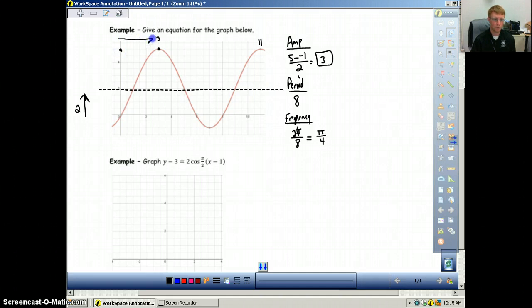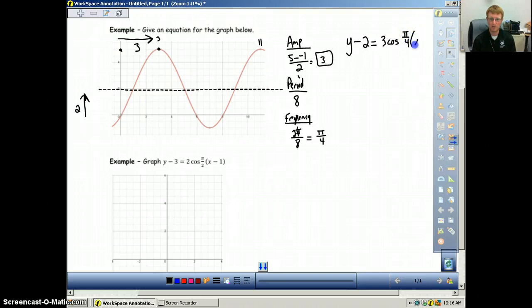We shifted to the right 3 units. So if we're going to do a cosine function, we will start it off like this. Y minus our vertical shift, which is 2, equals, and then our amplitude is 3. So that means we have 3 cosine. And our frequency is pi fourths.